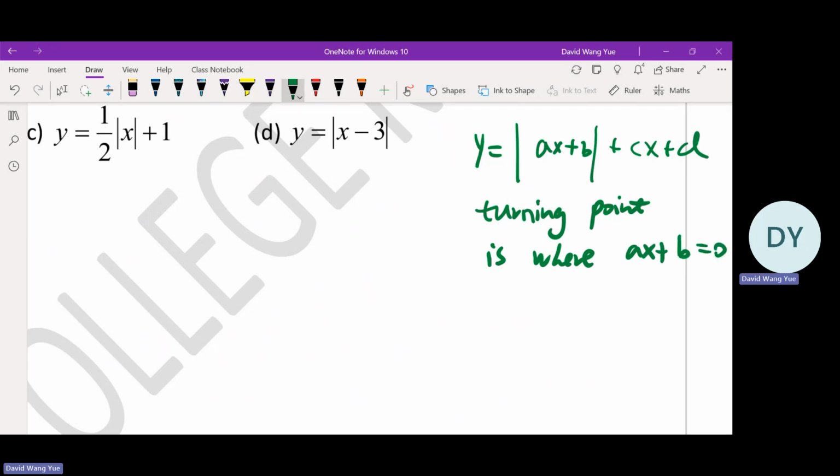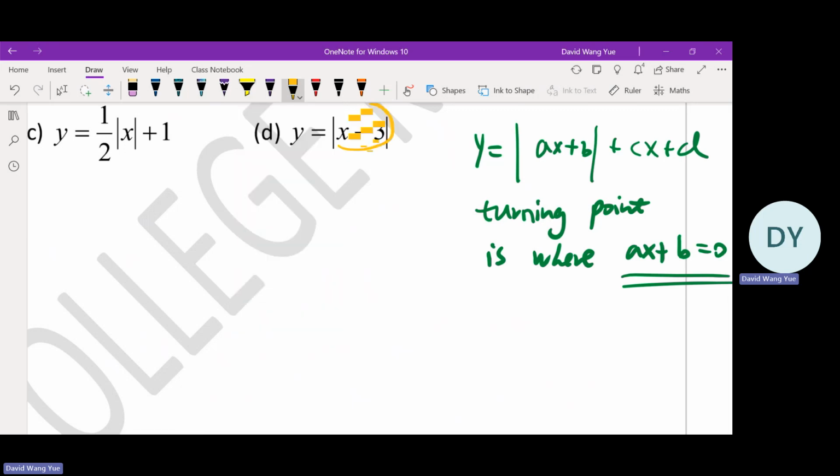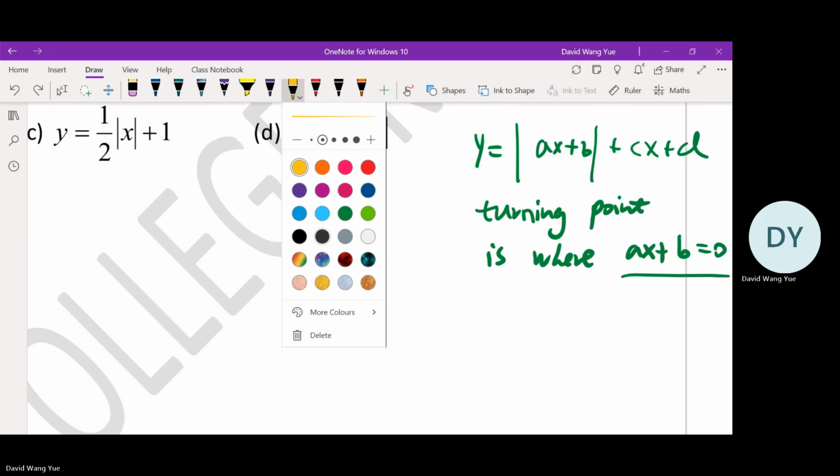Not x equals 0, but ax plus b, what's inside the modulus, is equal to 0. Okay, so let me show you.